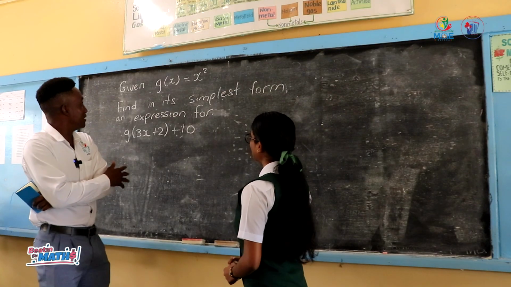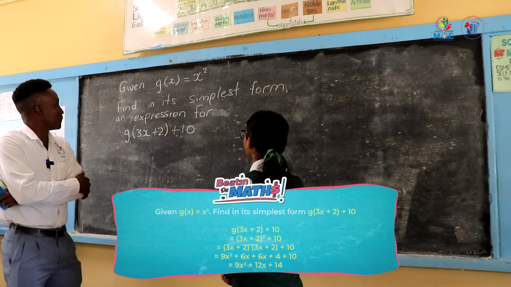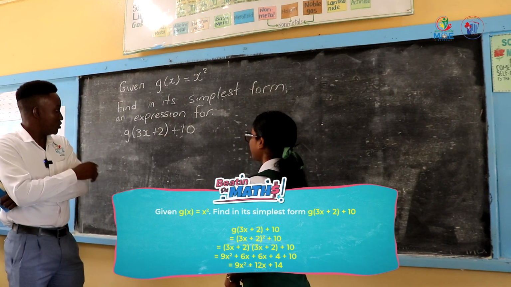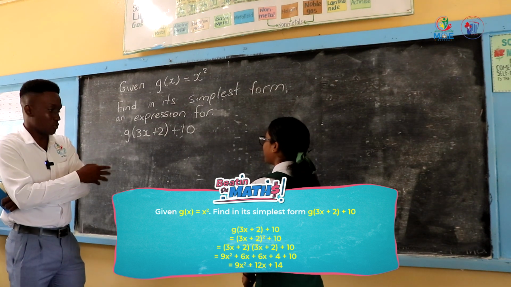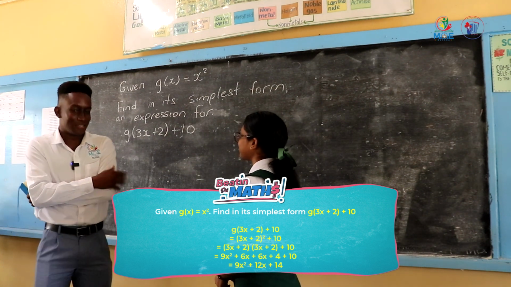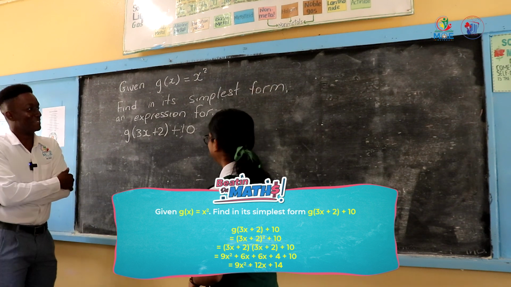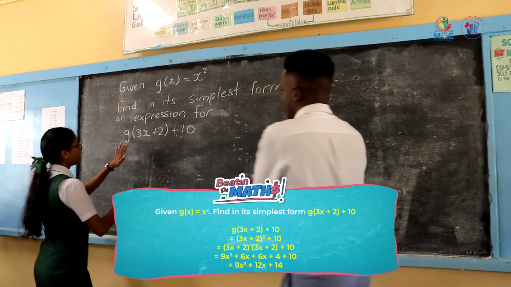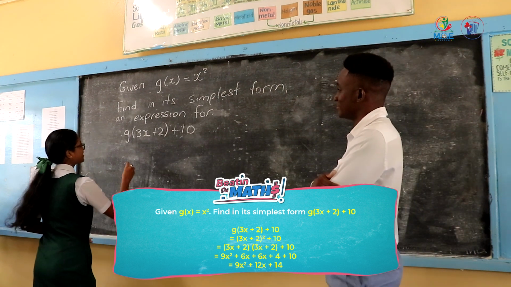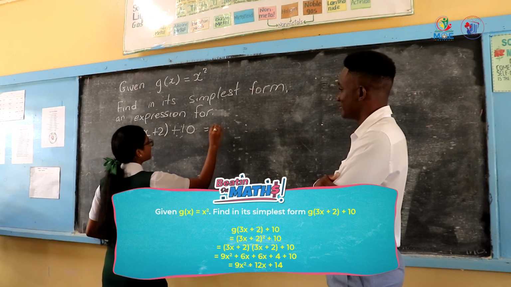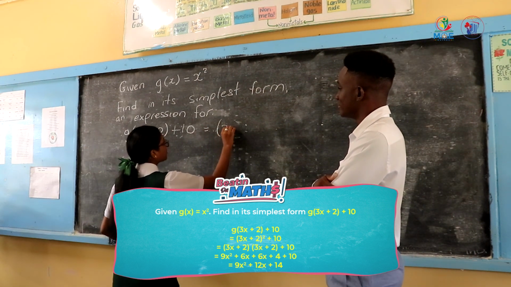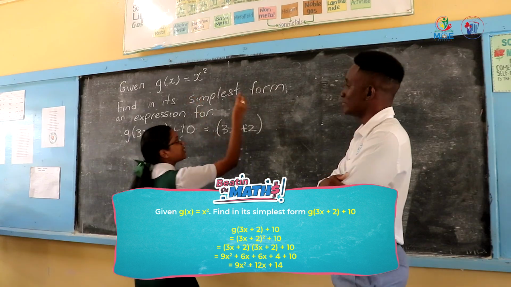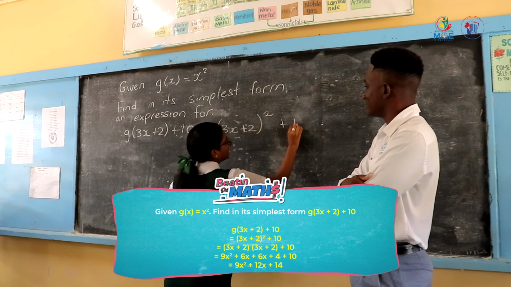So it says, given g of x is equal to x squared, find in its simplest form an expression for g of (3x plus 2), close bracket, plus 10. So the floor is yours. Okay. So the first thing I do, since this bracket represents x, this would be equal to (3x plus 2) squared, since you have to square it, plus 10.